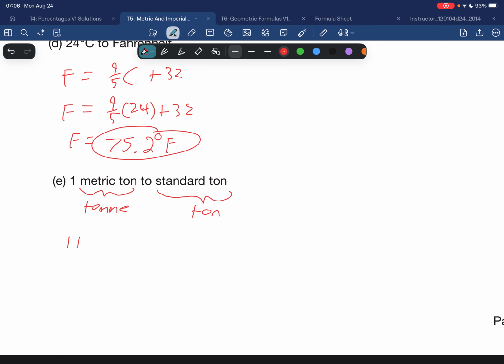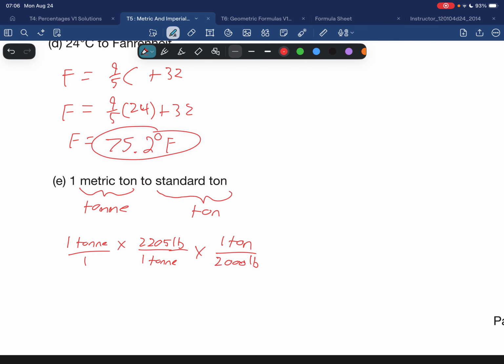We're going to have 1 tonne times 2205 lb over 1 tonne. That is direct from the formula sheet. Times 1 regular standard imperial ton over 2,000 pounds.